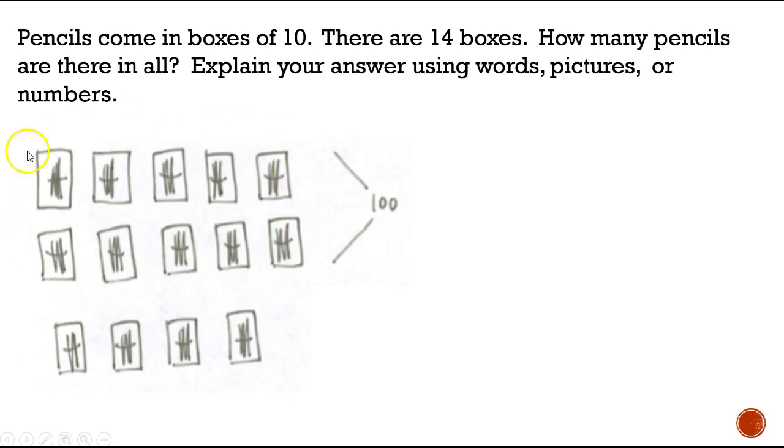So here's 10 boxes, and I know that all of that equals 100 because there's 10 tens in 100. Now, how many tens are there in 4? 40, right? So here's 10, 20, 30, 40. So I can take 100 plus 40, and that equals 140.